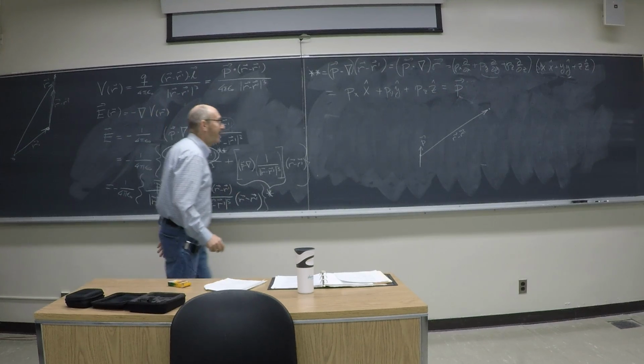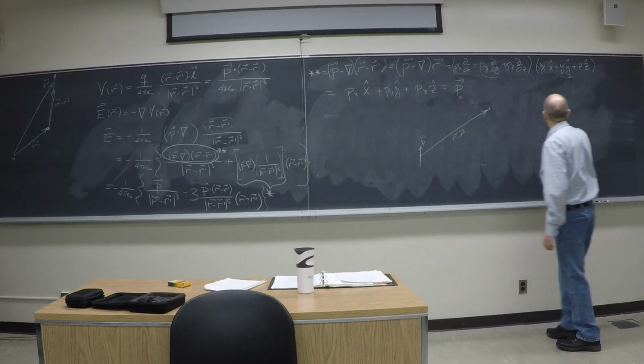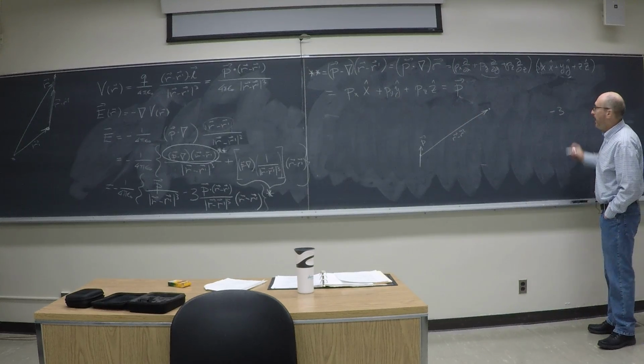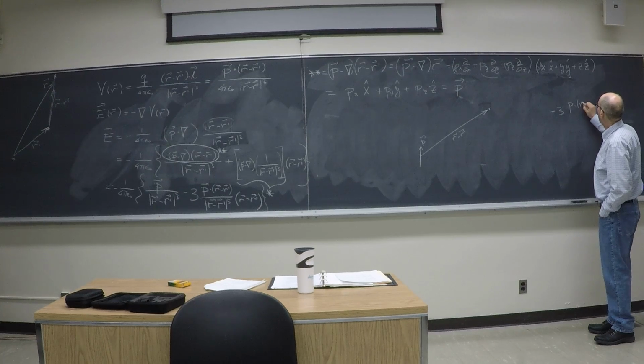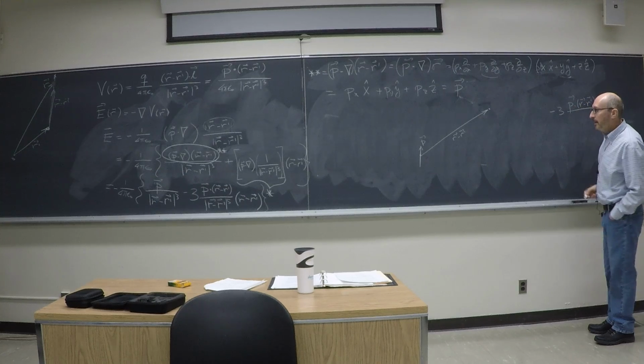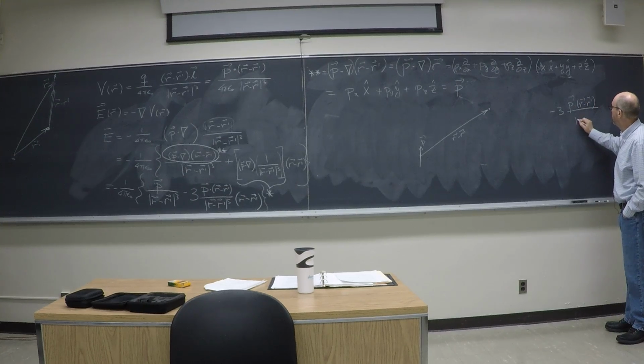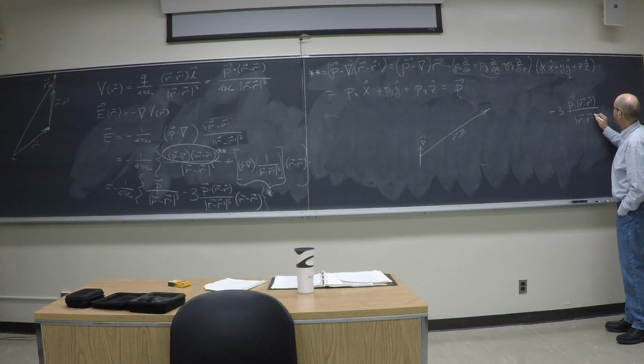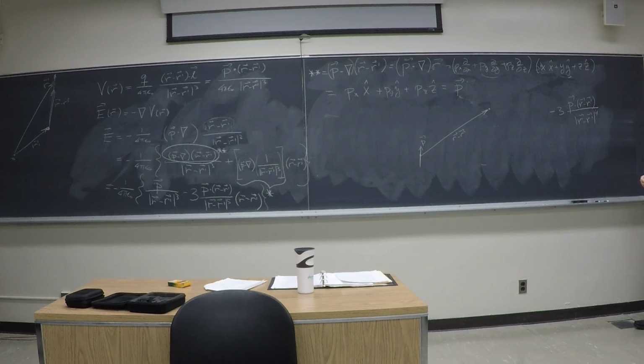This term, the second term, I can rewrite it as minus 3 times p dot (r minus r prime) divided by |r minus r prime| to the fourth, times (r minus r prime) divided by |r minus r prime|. I wrote the same thing exactly, but now I know that this is a unit vector, like before.